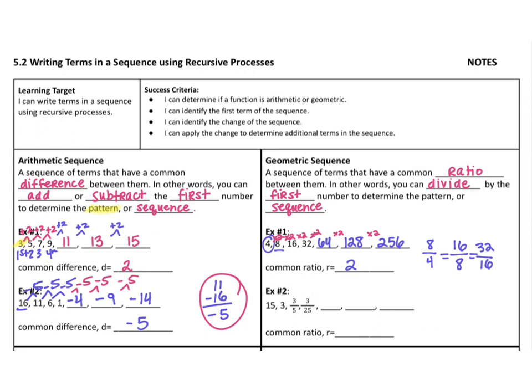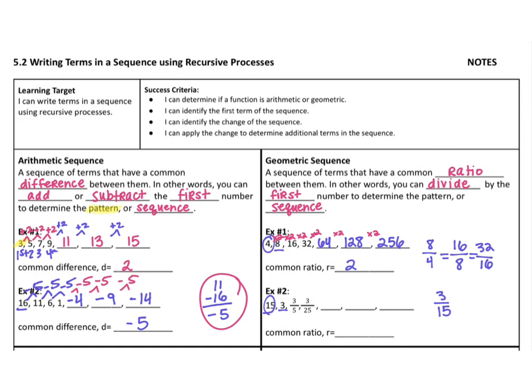Looking at example number 2, we have the numbers 15, 3, 3/5, and 3/25. Remember, we can take that first number, 15, and divide the second number by it. So I'm looking at dividing 3 by 15. Now, if I could simplify this number, I would.